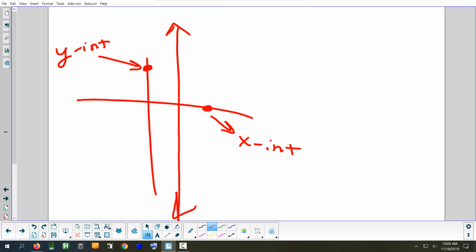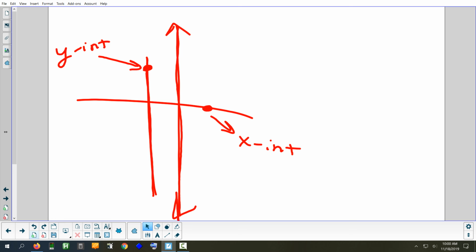Where does this line cross the y-axis? Never does, right? Here's your y-axis, and I'm asking you where that line crosses that line. Never does. Okay? So vertical is a special case.